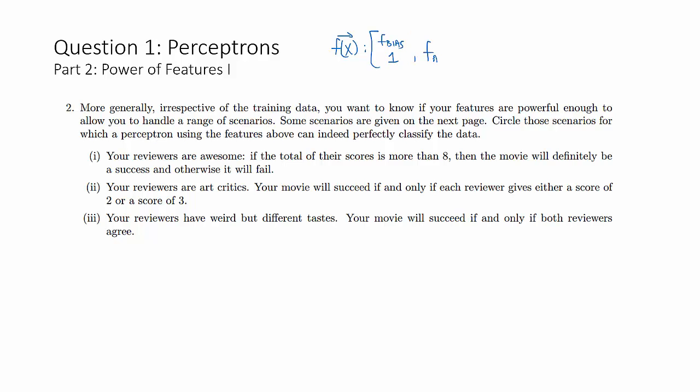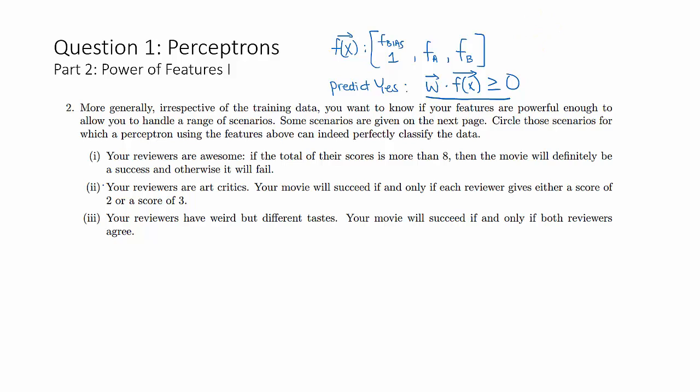The second feature is the score for critic A, and the third feature is the score for critic B. And just as a reminder, for the binary perceptron, to predict a positive class, that is, let's say yes, we need the condition that the weight vector times the feature vector has to be greater than or equal to 0. So based on this condition, it's not hard to see that the perceptron learns a linear decision boundary.